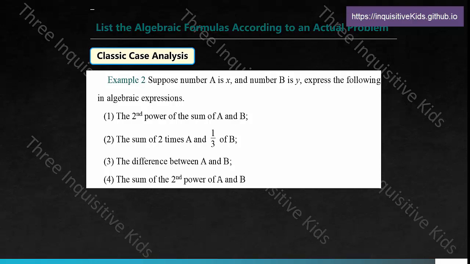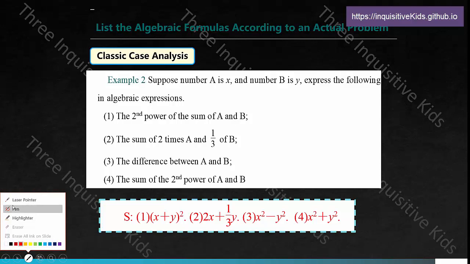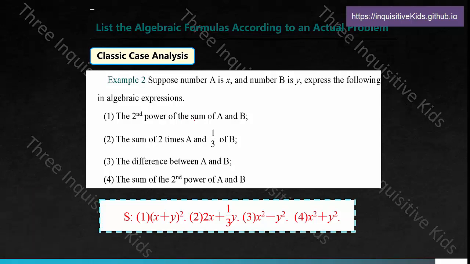The first one, it says the second power of the sum of A and B. That would be the sum of x plus y squared because what's being talked about here is the sum of A and B. It's not just the second power of A, it's the second power of the whole sum of A and B.